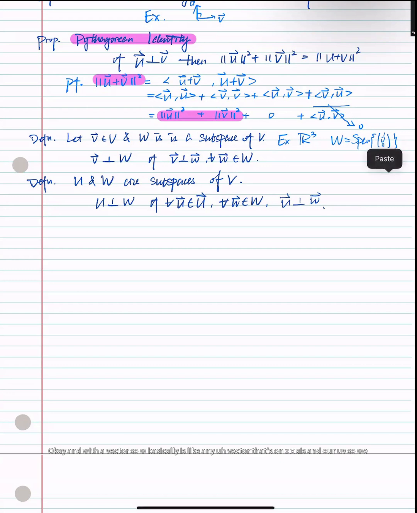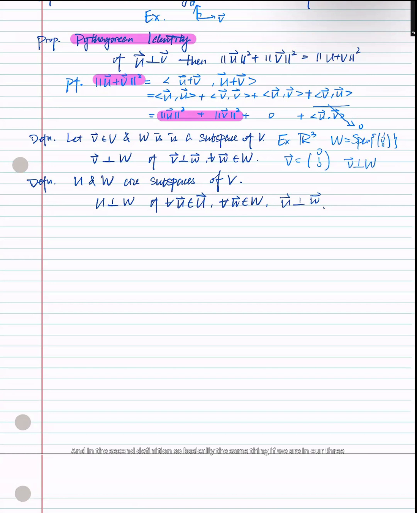And for our v, we can pick, for example, v to be (0, 1, 0). We can say this v is orthogonal to this W because any vector in W is orthogonal to v.